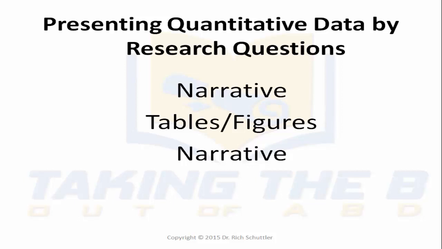I believe a good Chapter 4 for a quantitative dissertation as designed by each individual research question will first have some sort of narrative research question and then the independent and dependent variables, then provides the tests that were run, provides the test formulas, then provides the information put into the test formulas transposed to reflect the numbers from your dissertation, if you will, and then another narrative that concludes the outcome of that formula testing, and then the evaluation of the testing of the null hypothesis and whether it failed to be rejected or it was rejected.